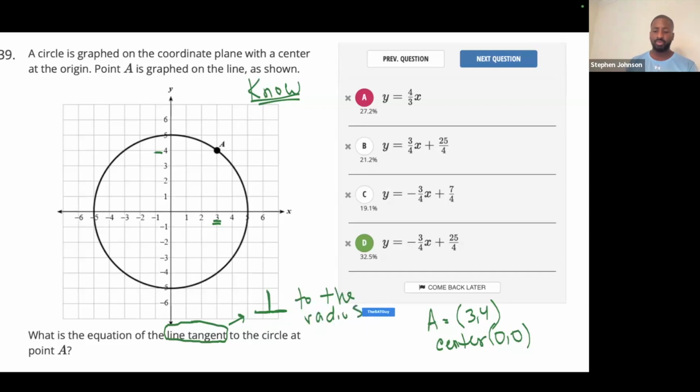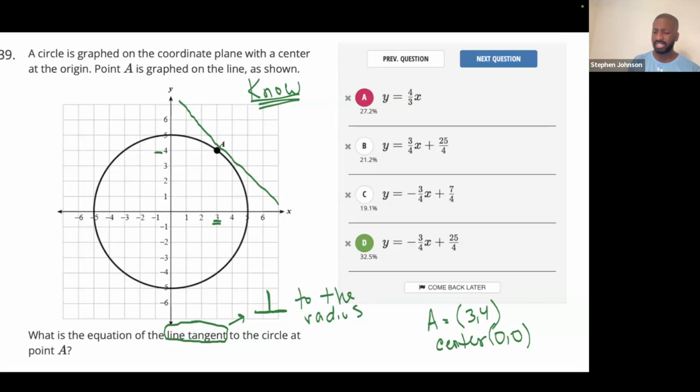Okay, so that means if we want a tangent line, and I'll draw it here, but if you're doing the digital version of the ACT, you won't be able to draw on your screen. So you can't do that, but you do need to know that this is what's going to happen.